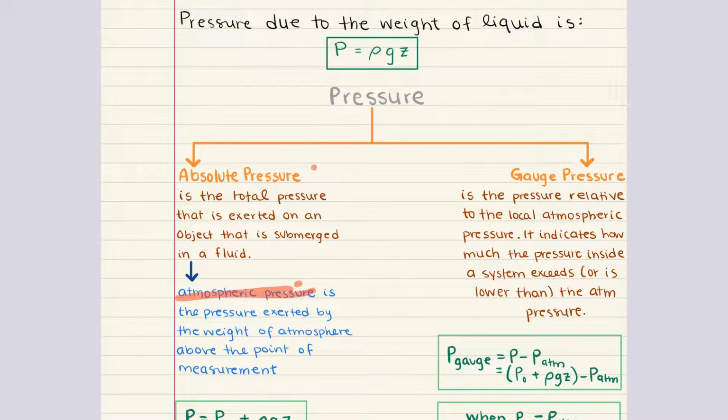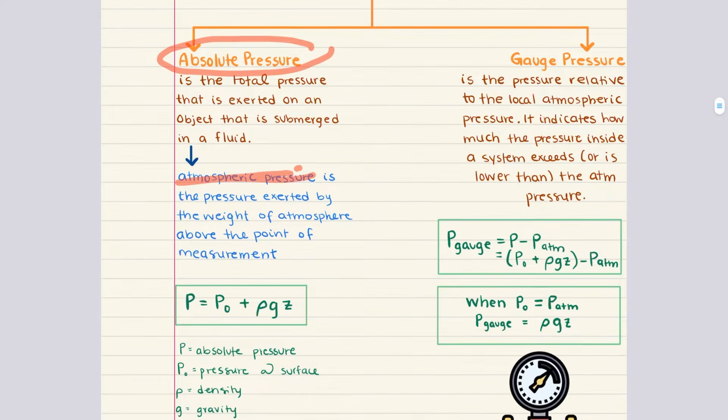Next, we want to talk about absolute pressure. This is the total pressure exerted on an object submerged in a fluid. It includes both the atmospheric pressure and the pressure due to the weight of the fluid itself. And the formula for absolute pressure is summarized here. This equation tells us that absolute pressure is equal to 2 terms.